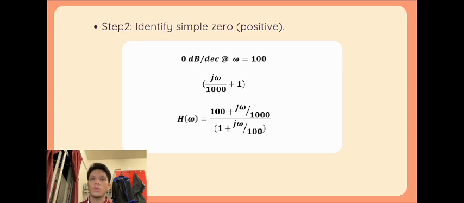We also have two equations, which is either (jω/100)/1000 + 1, or H(ω) equals (100 + jω/1000)/(1 + jω/100). Both equations work, but the most effective one is, of course, the second one. That's it for me, and I will let my group mate continue.